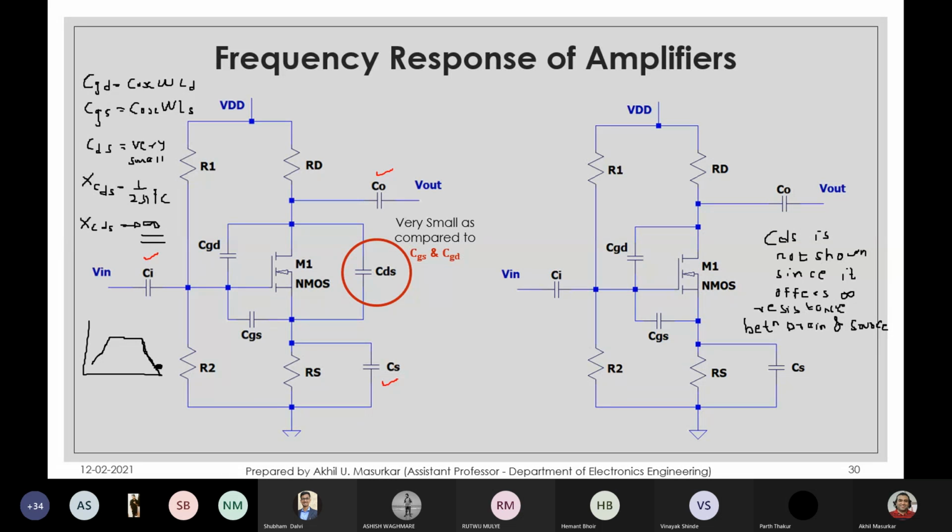One question from my side: which is the biasing circuit used in this particular circuit? Voltage divider. Okay, the circuit used is voltage divider.